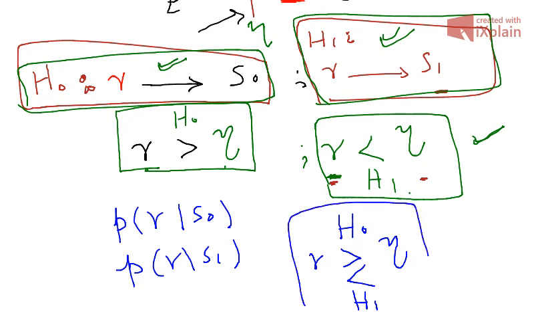So a binary hypothesis is jointly written in this form.